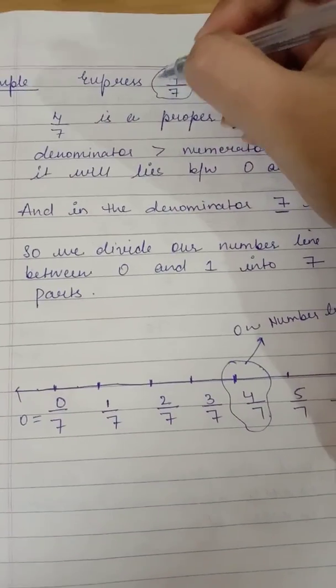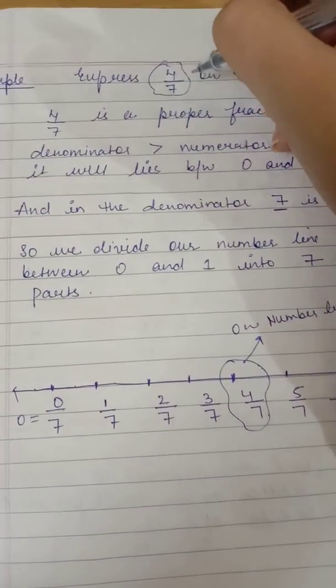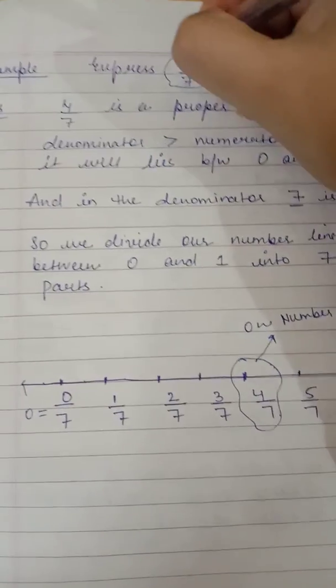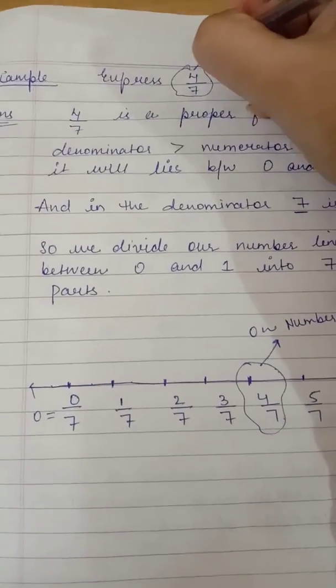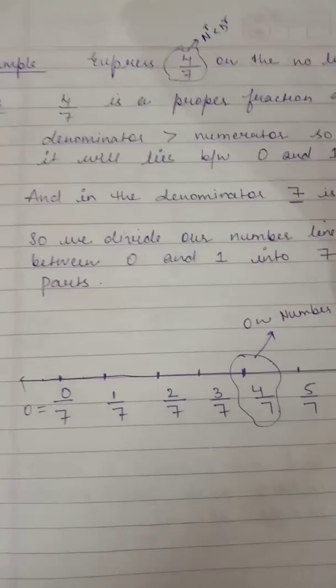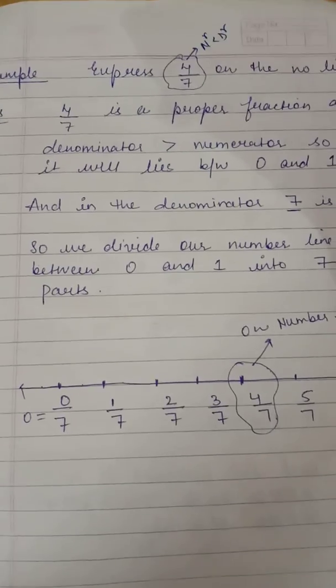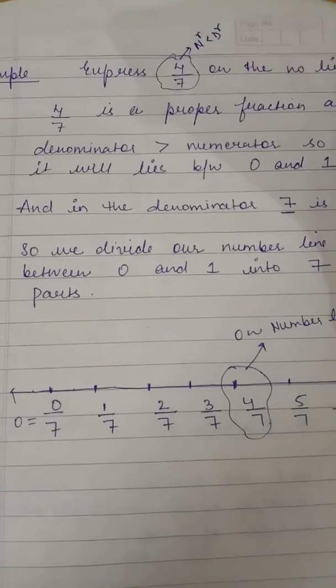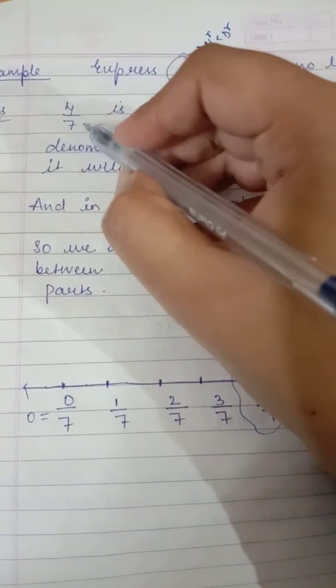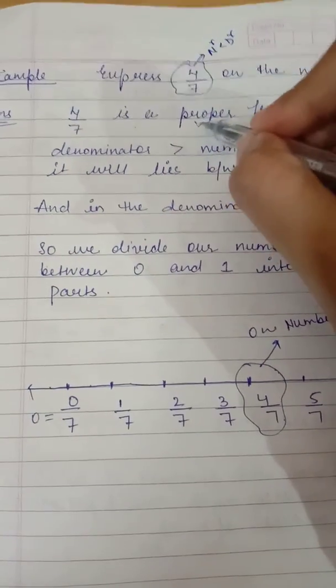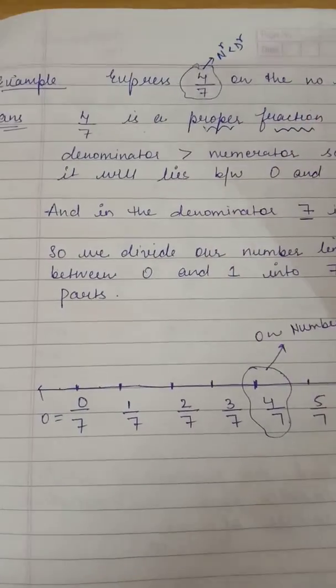So first of all, when you see this fraction or rational number, can you say that your numerator is less than your denominator? Yes, your numerator is less than your denominator. So here you can say 4 by 7 is a proper fraction.